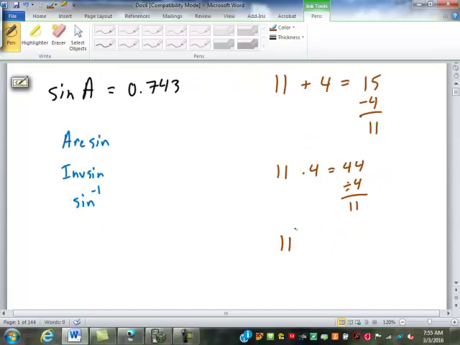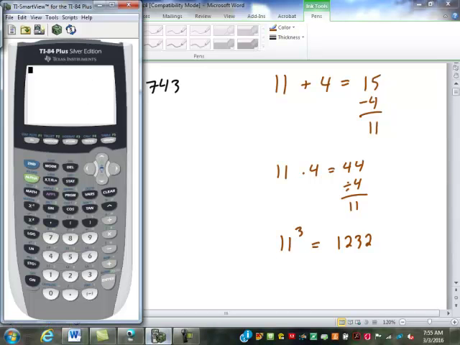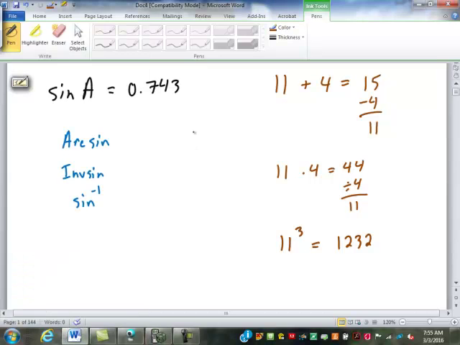If I take 11 to the third power, I get 1331. If I take the third root of 1331, I get 11.